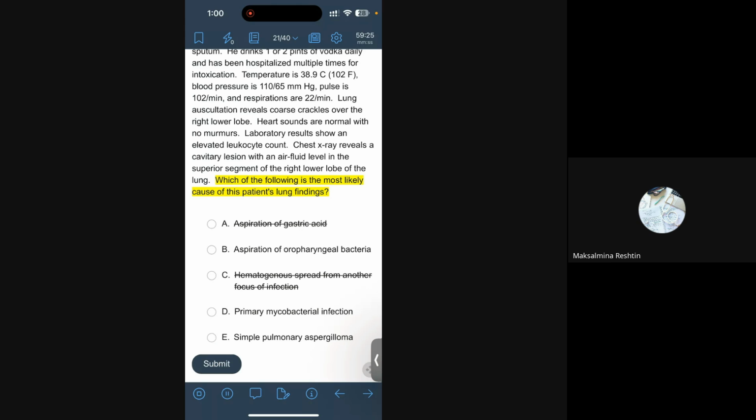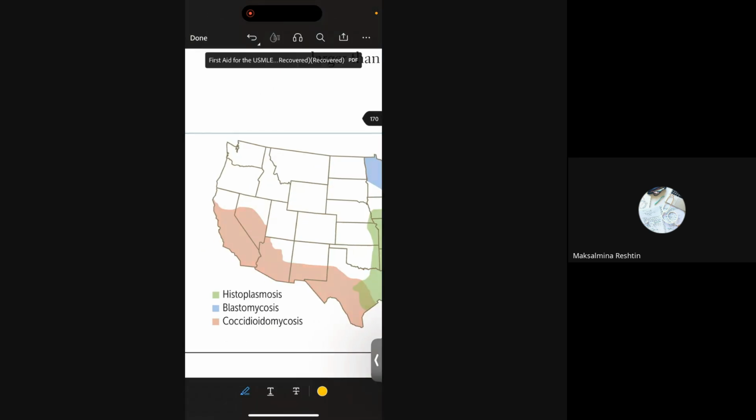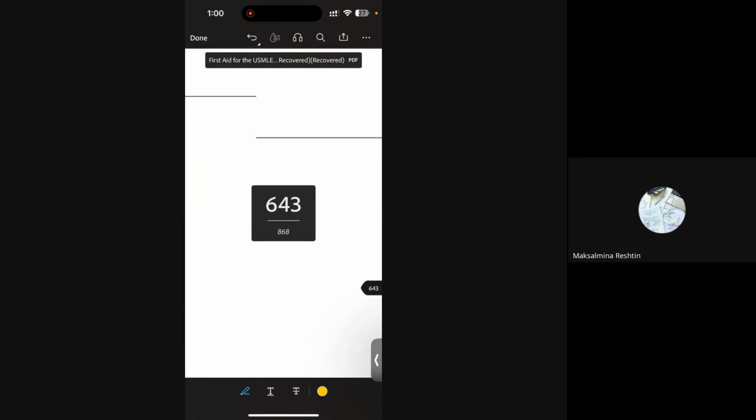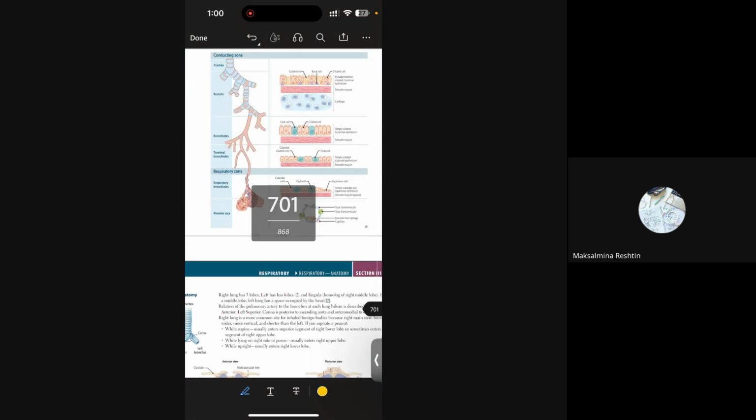It is not aspergilloma. In aspergilloma you would see a fungus ball, not air fluid levels. It is not a primary mycobacterial infection either, which also does not explain air fluid levels. The only answer that makes sense here is aspiration of oropharyngeal bacteria.